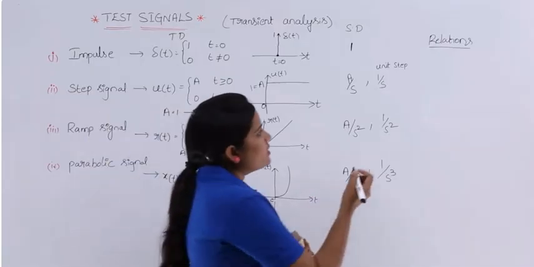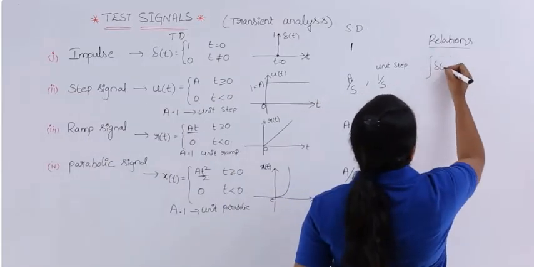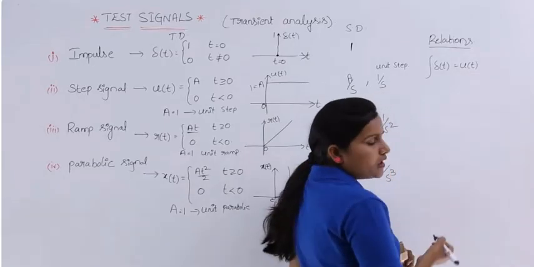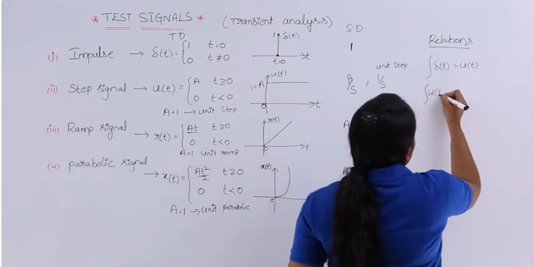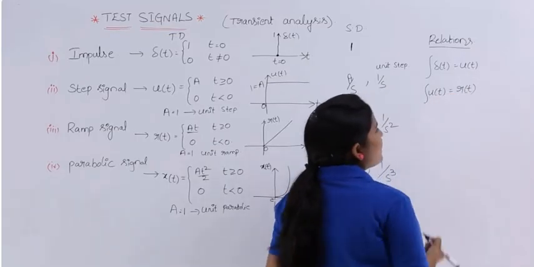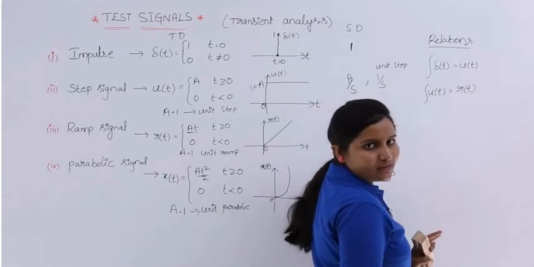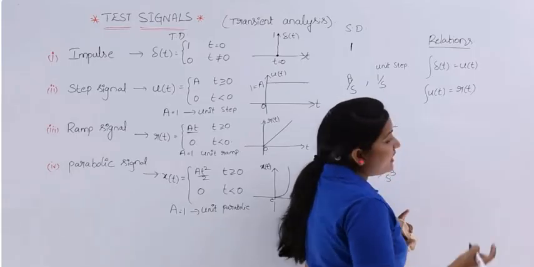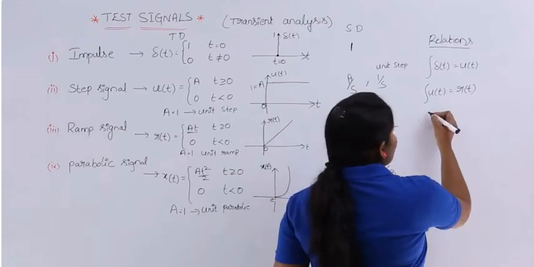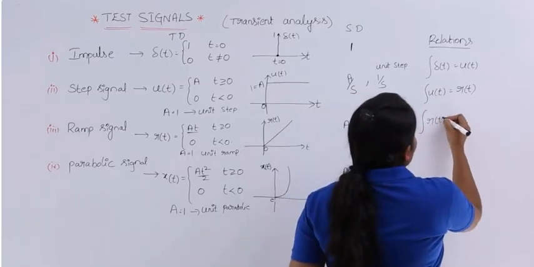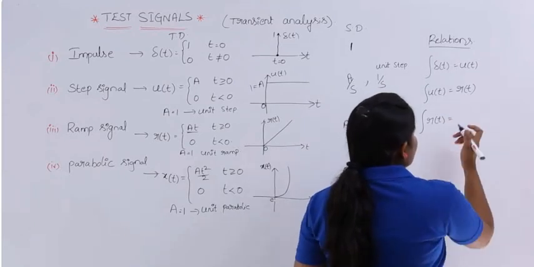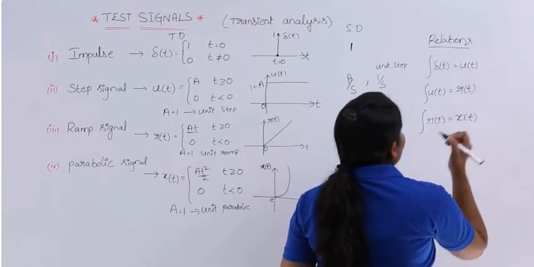The integral of u of t is r of t. That means the integral of 1 gives t, and the integral of a gives a t. Like that, the integral of r of t is the parabolic function, which we represented with x of t. So I am going to consider it like this.